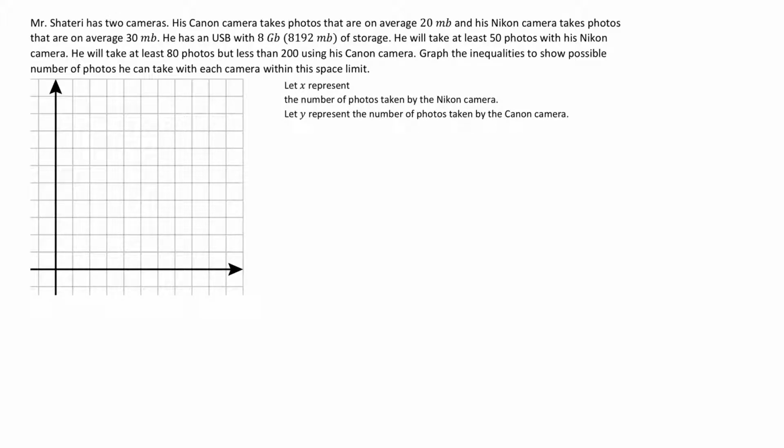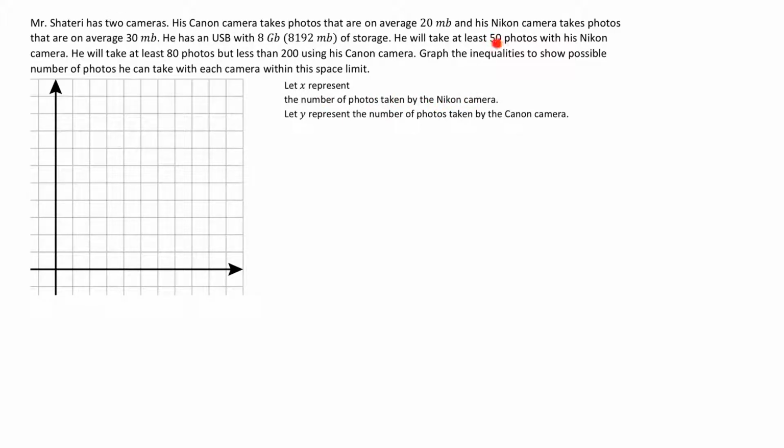So let's start with some inequalities. Let's start with the later ones. They're a little bit easier to actually put down. He will take at least 50 photos with his Nikon. So we're letting X be the number of photos that are taken with the Nikon camera.